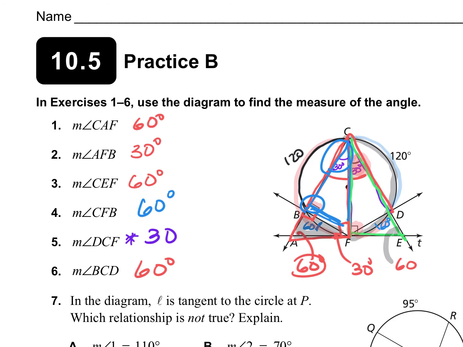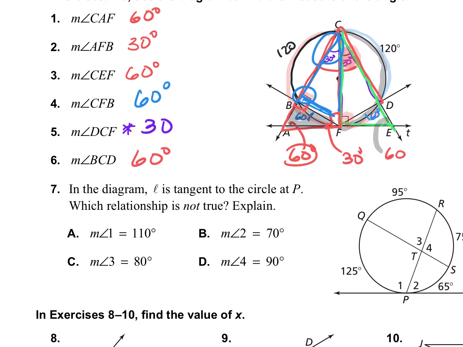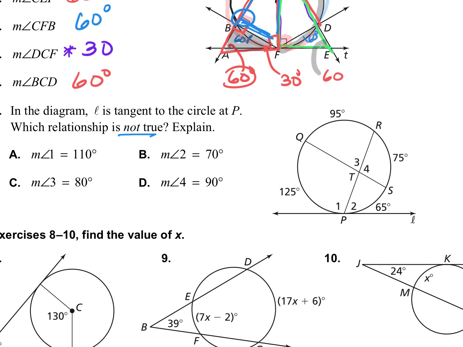Now, for the next question, this is where we're using our floating angle skills. Now, it says here in number 7, which one is not true? So let me go through and check A, B, C, and D until I find the one that doesn't work. Now, for angle 1, this is where we're learning not only about our floating angles, but when we have a tangent and a chord, when they intersect, the angle that is formed by that tangent and chord is going to be half of its intercepted arc.